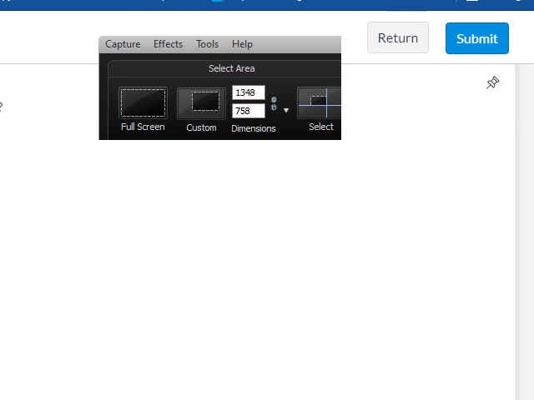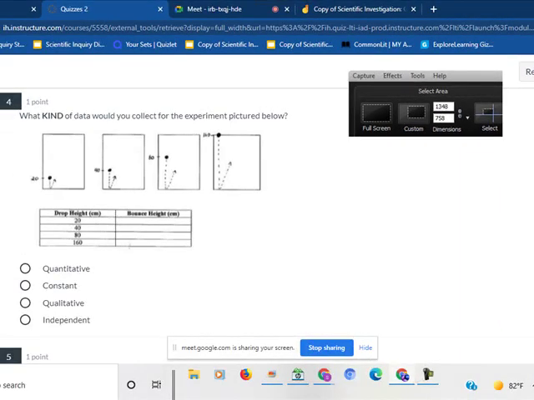Question 4. What kind of data would you collect from the experiment pictured below? So, what would go in those missing spaces? Qualitative is like your five senses, and quantitative is what's it called? Numbers. Yeah. The numbers are counted. So, what kind of data would be filled in that data table?